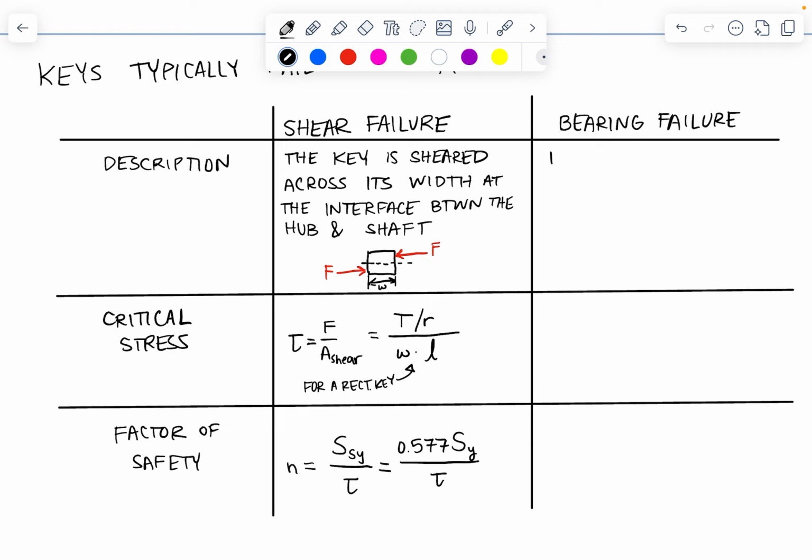The other type of failure that's common for keys is when the key is crushed due to a compressive load.